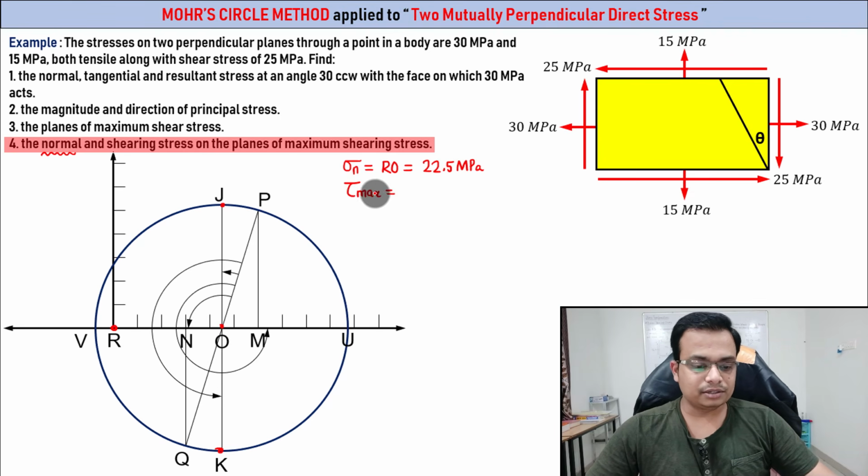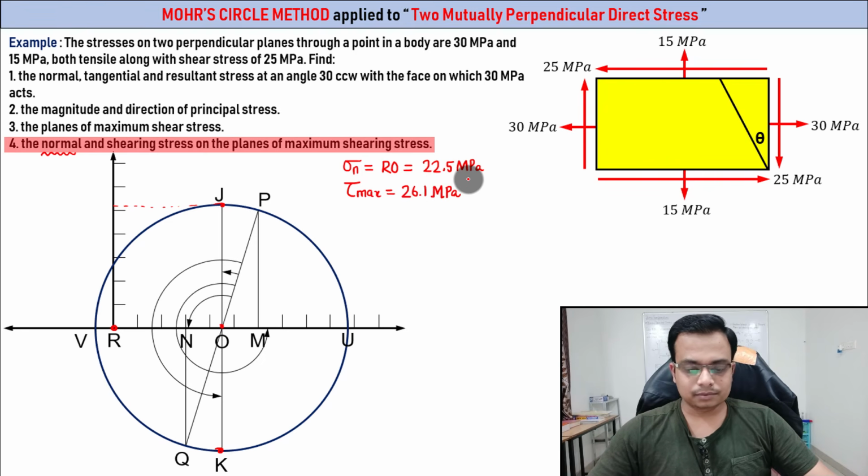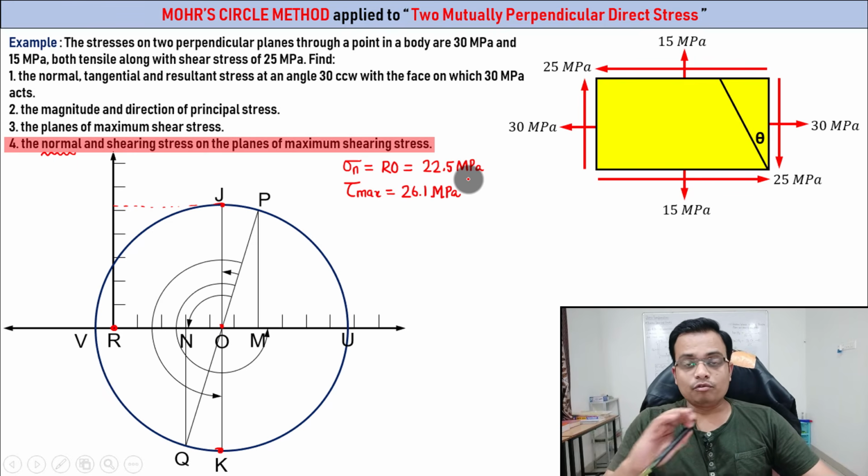Well, that is also very easy. There you go, that's the maximum value. Something like this: 5, 10, 15, 20, 25 and slightly more than 25. This is precisely going to work out as 26.1 megapascals.